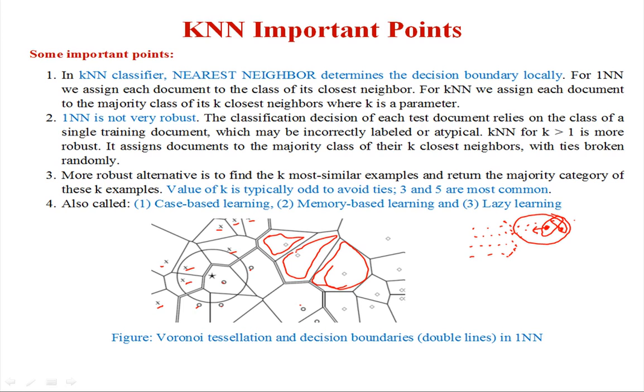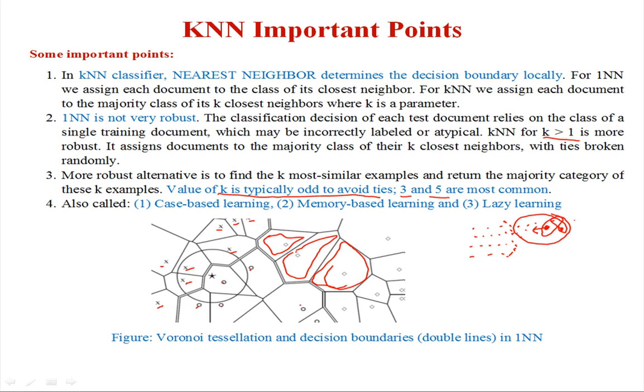So generally with k greater than 1, it is more robust, and it assigns the documents to the majority class of their k closest neighbors, with ties broken randomly. A more robust alternative is to find the k most similar examples and return the majority category of these k examples. The value of k is typically odd, like 3, 5.